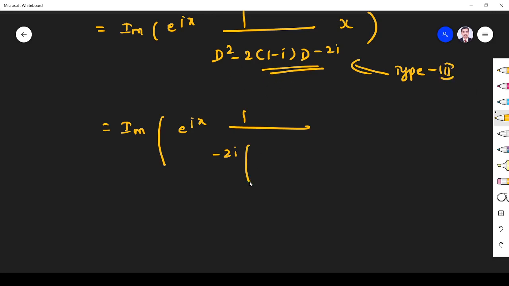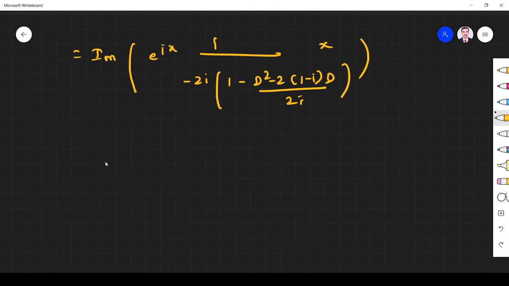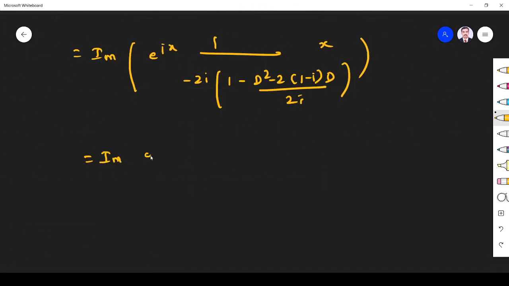So I take minus 2i outside, so it becomes 1 minus [D squared minus 2 (1 minus i) D] divided by 2i, into x.